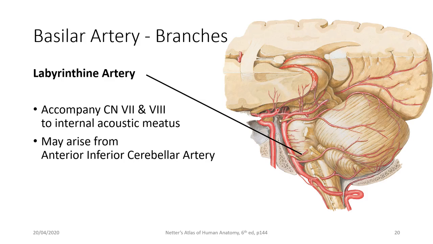The seventh nerve also leaves the cranial cavity through the same opening. So the labyrinthine artery enters with these two nerves into the internal acoustic meatus and supplies the inner ear, and it may arise from the anterior inferior cerebellar artery.